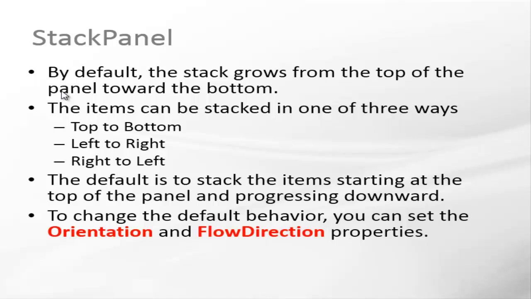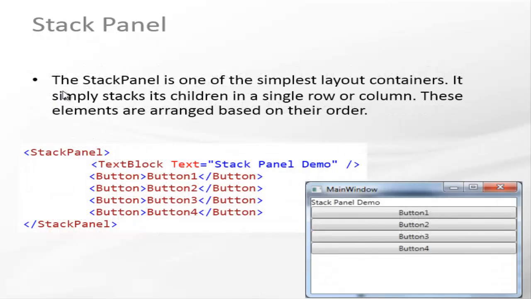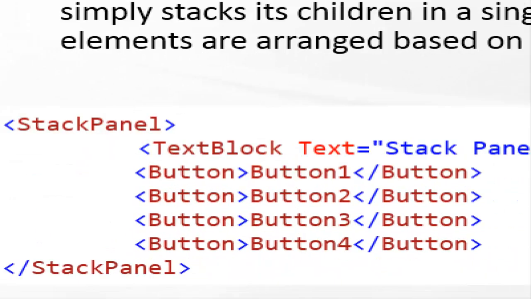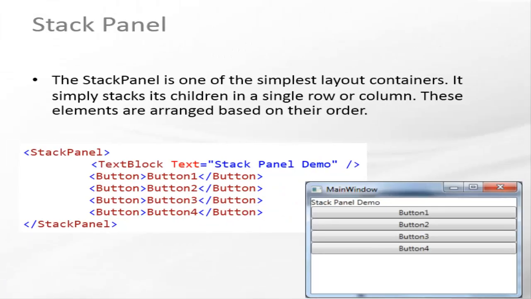Now let's look at how the elements can be placed in this stack. The elements within the stack can be placed in three ways. The one is from top to bottom. So you can place like this. This is one appearance from top to bottom. From left to right you can place it. So this is another way.